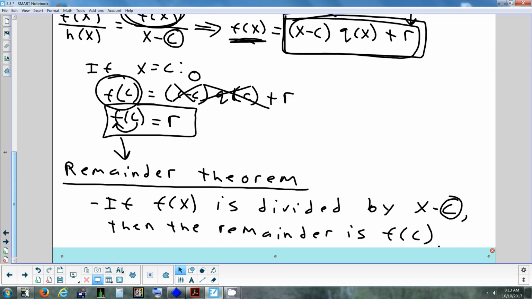That's why I went through the formula. Now, if you want the quotient, there is no quick way to do that unless you know synthetic division. But there is a quick way to get your remainder.